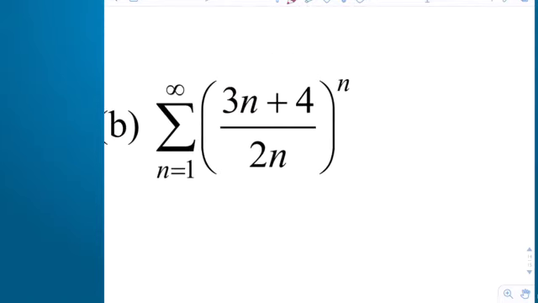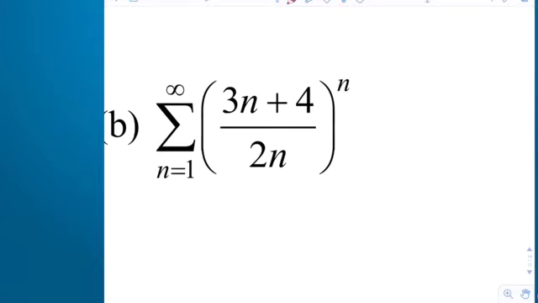This one, what would you do on this one? It's not quite geometric, but it's something all to the nth power. If you take the nth root of it, what's the nth root of all that to the nth? It's this. And what would be the limit then of 3n plus 4 over 2n as n goes to infinity? 3 halves. Is 3 halves greater than 1? Yeah.